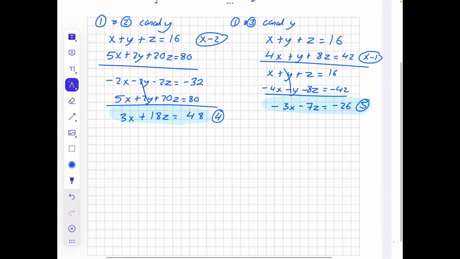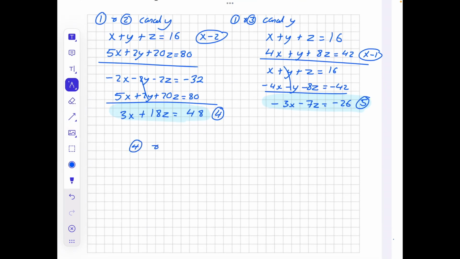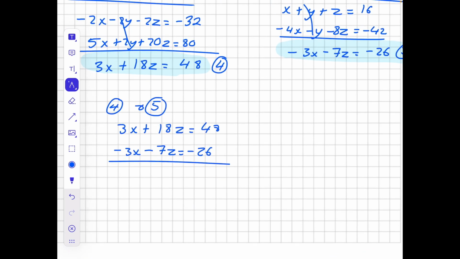Now that I have equation 4 and 5, I'm going to work with the two of those, and I'll be able to solve for one thing. So we have 3x plus 18z is equal to 48, and -3x minus 7z is equal to -26.